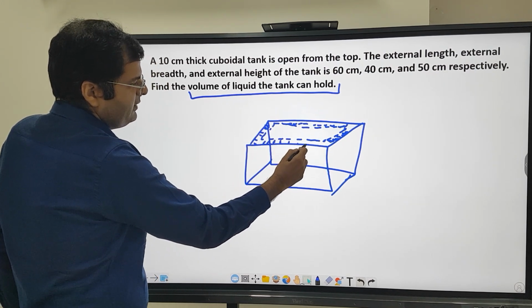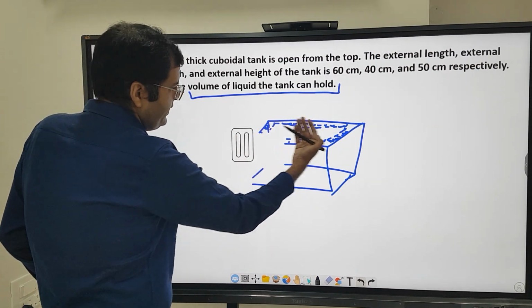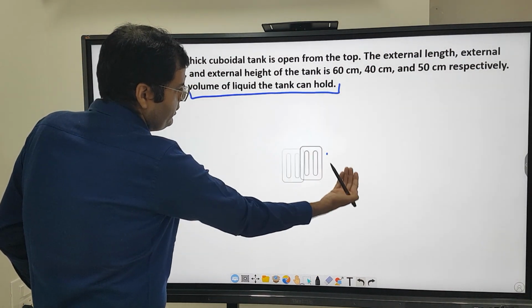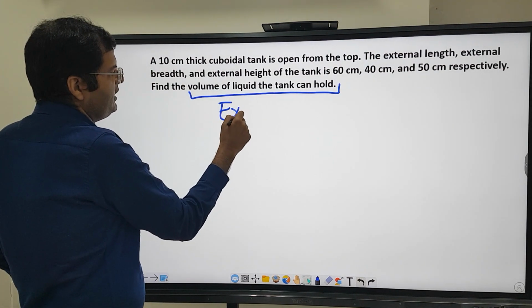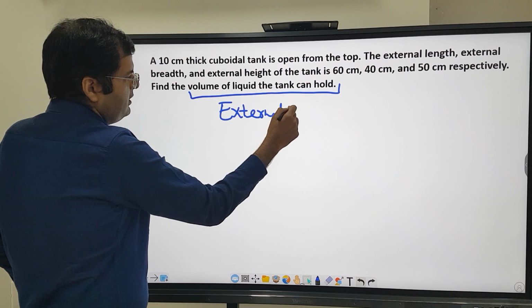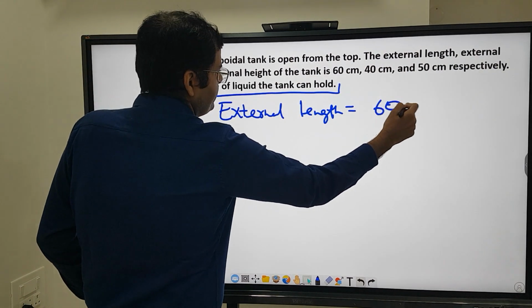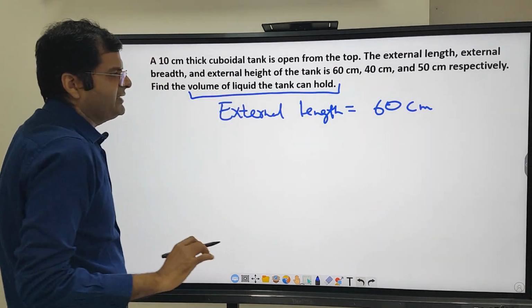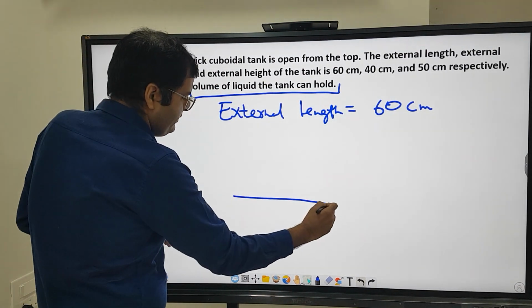Now if you take each and every part of it, I want to calculate the internal parameters. My external length is 60 centimeter and the thickness is 10 centimeter.